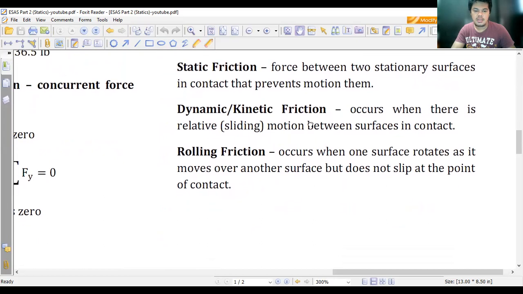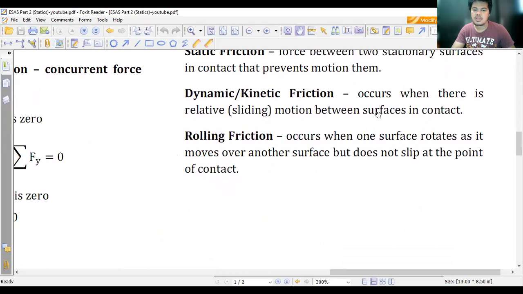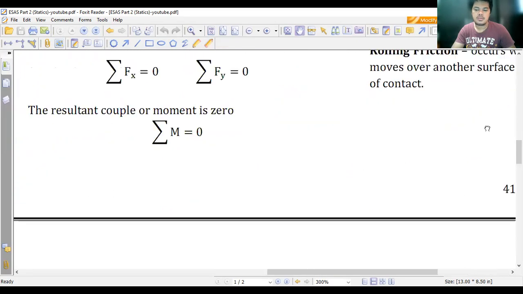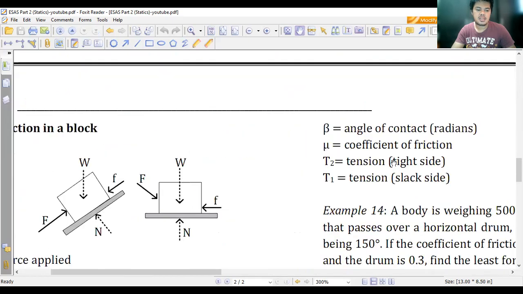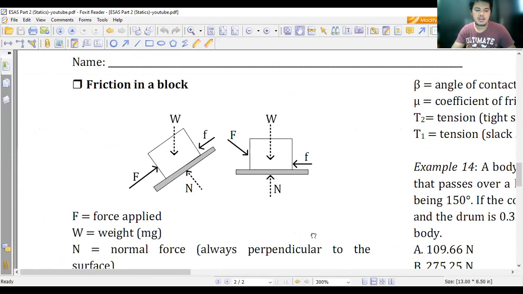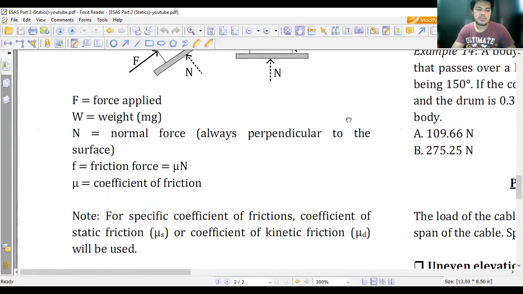Then we have the kinetic friction, if the body is moving, and then the rolling friction, if the body involves rotational motion.